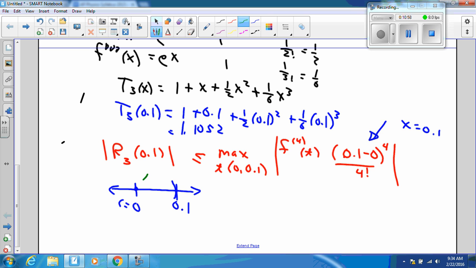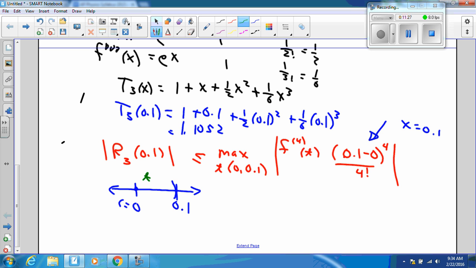And then I'm going to search through all possible t's in here until I find the t that gives me the largest possible value for that fourth derivative. The reason I want the largest possible value is that I'm doing a worst case analysis. In reality, as we shall see when we do the proof, there is a t somewhere in here that makes this expression exact.